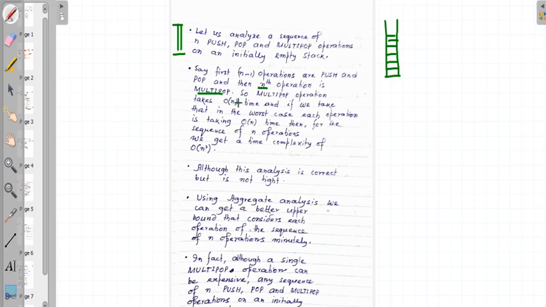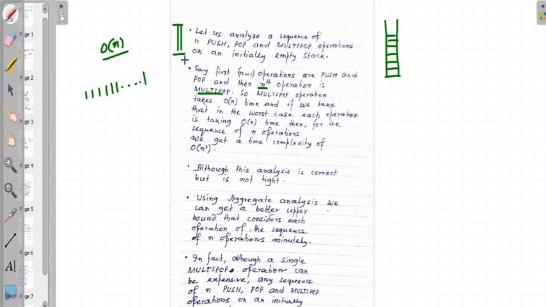Order of n. So multi-pop is order of n. Now if I am analyzing a sequence of n operations, 1, 2, 3, 4, 5, with all these operations happening and finally the multi-pop, we are observing a sequence of n operations, right?